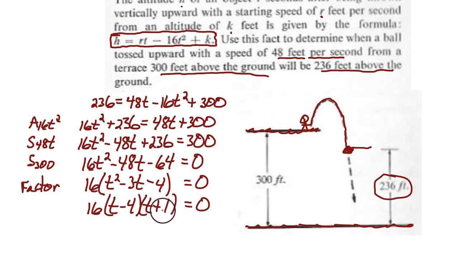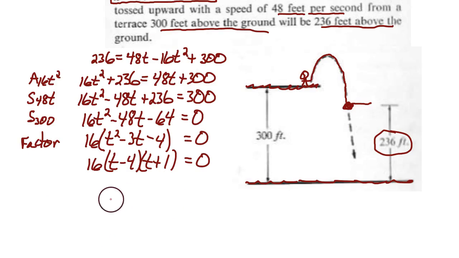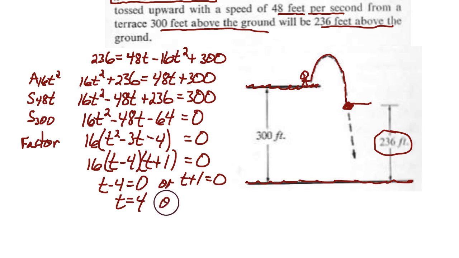I used negative 4 and positive 1 because they multiply together to make negative 4 and add together to make negative 3. Now let's do step 3 of our process and find the solution of each factor. 16 cannot equal 0. We can ignore that. The t minus 4 might equal 0, or the t plus 1 might equal 0. Solve each of these. t equals 4 seconds, or t equals negative 1 seconds.